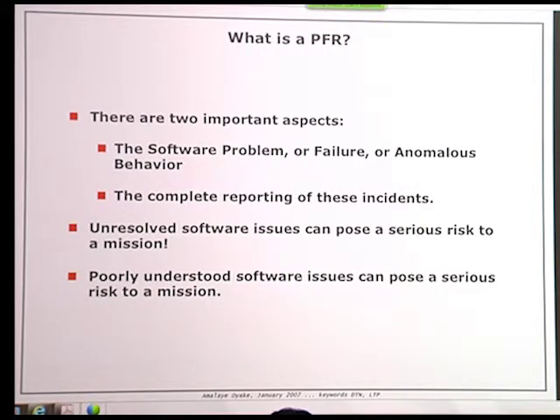The situation you want to avoid is localized knowledge of the software issue. You want to understand the issue and then propagate the knowledge of that issue to other team members, because a software issue can have cascading effects on the entire mission. Poorly understood software issues can pose a serious threat to a mission.